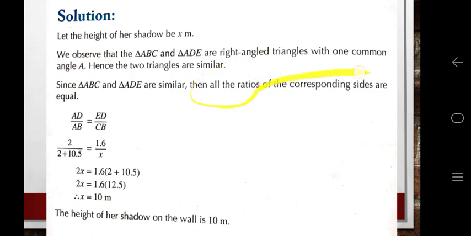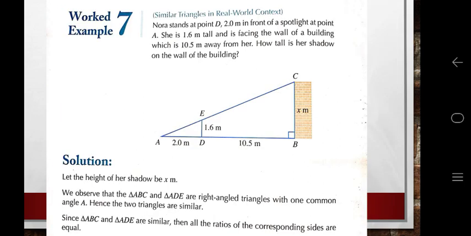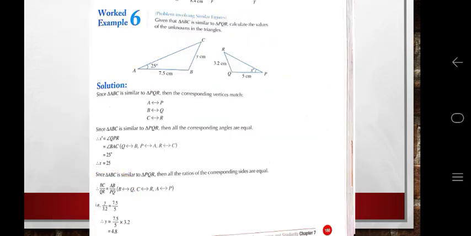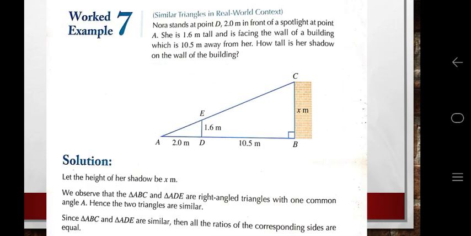Because all the ratios are equal, we can use this kind of equation again, just like this one, which is the corresponding sides. So we can do x over 1.6 equals 12.5 over 2.